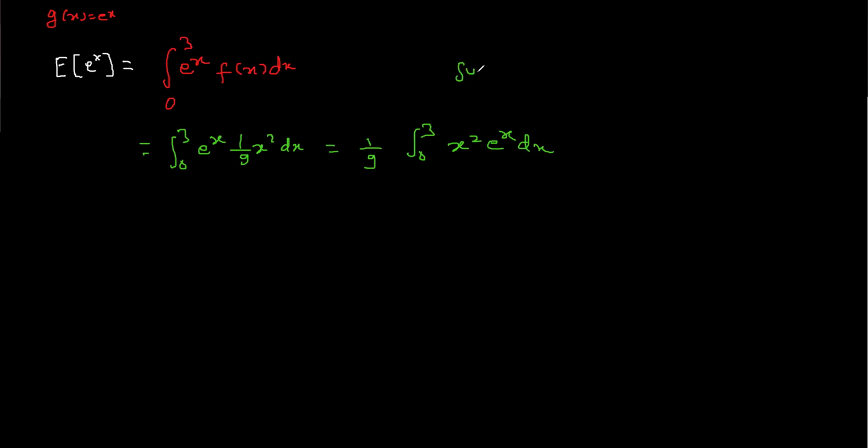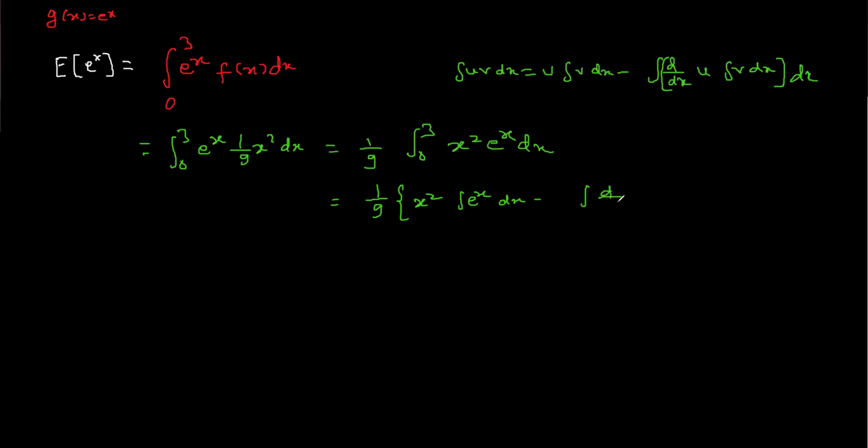Use the UV rule: u integration of v, minus differentiation of u, integration of v dx. This is called integration by parts.